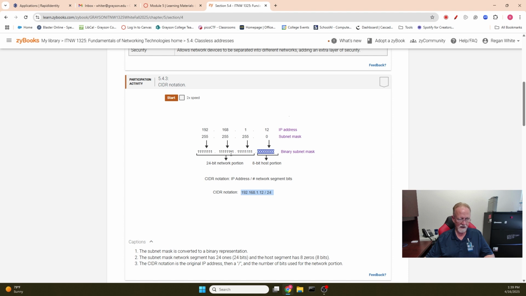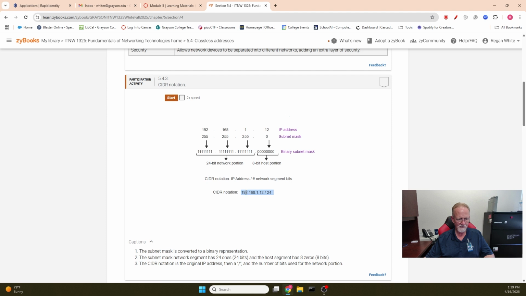And so if you count the number of network bits, 8, 16, 24, that tells you that you've got the full amount of network bits and the full amount of host bits for this type of address.